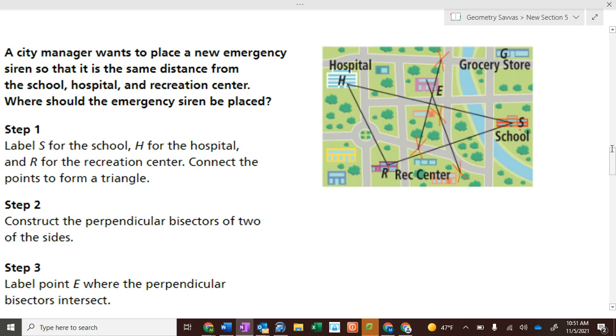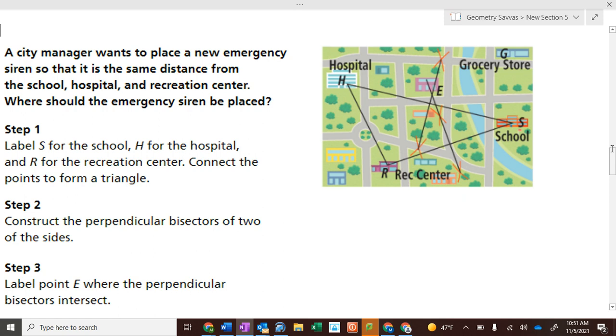No. Where should it go? At point E, because point E is the circumcenter. So it's the same distance away from the hospital, the rec center, and the school. It's equidistant because it's where the perpendicular bisectors cross. That's the same distance.